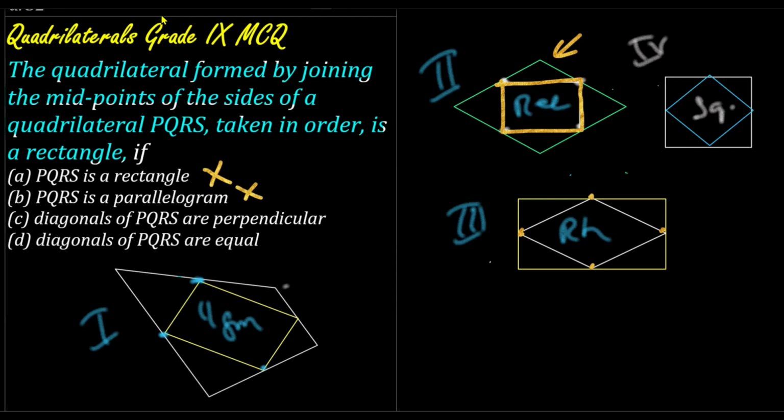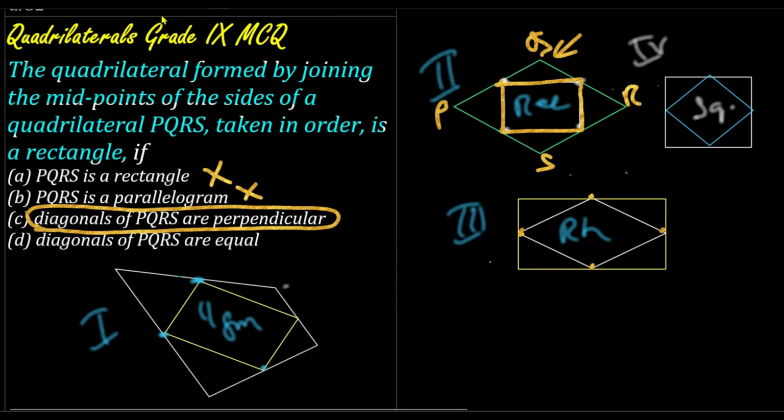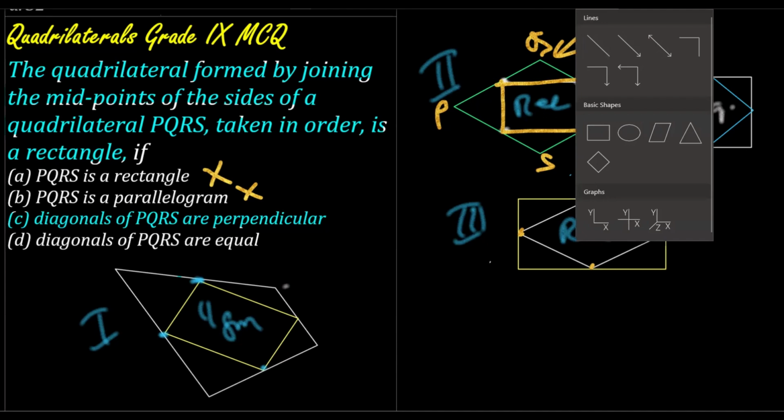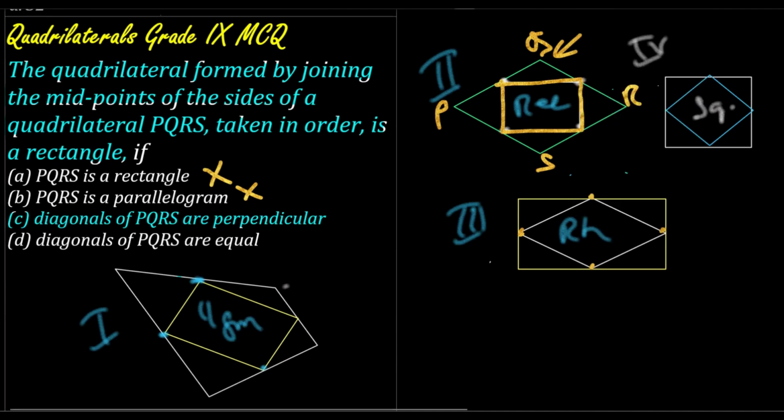Well, what you can see is that this is true for this property, right? The diagonals of PQRS, the outside one, are perpendicular. So is it for the rhombus. Well, you may say that is for a kite as well. That's very true. Even in case of a kite, let me show you, I'll make a kite over here to explain this.